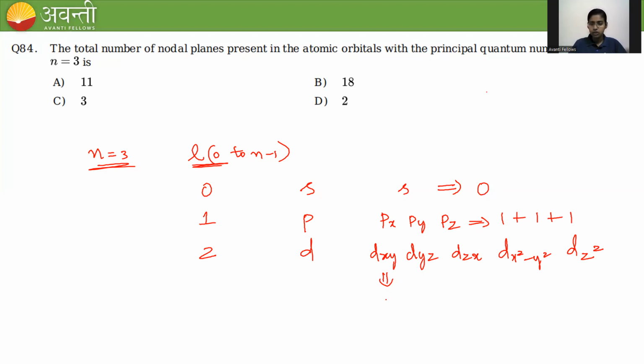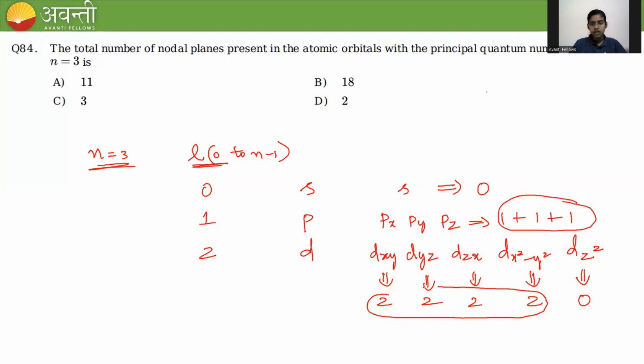So we will have two nodal planes for each of the first 4. And for the dz square orbital, we don't have a nodal plane, so it is equal to 0. Now if you add everything, here we have 3 and here we have 8, so 8 plus 3 is equal to 11. So the total number of nodal planes is 11. So option A is the correct answer.